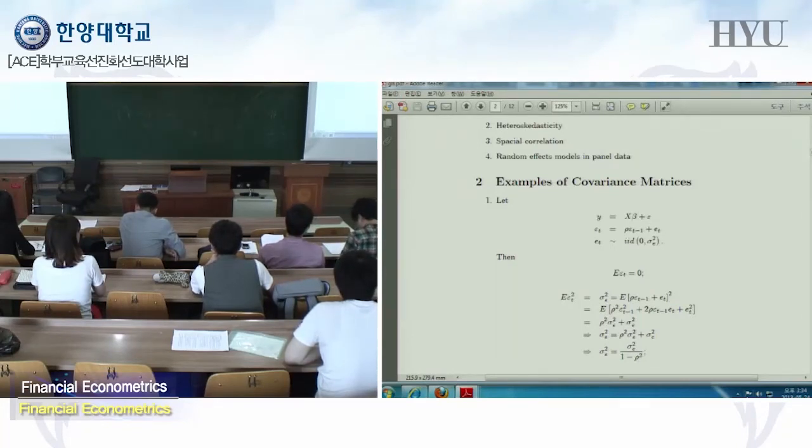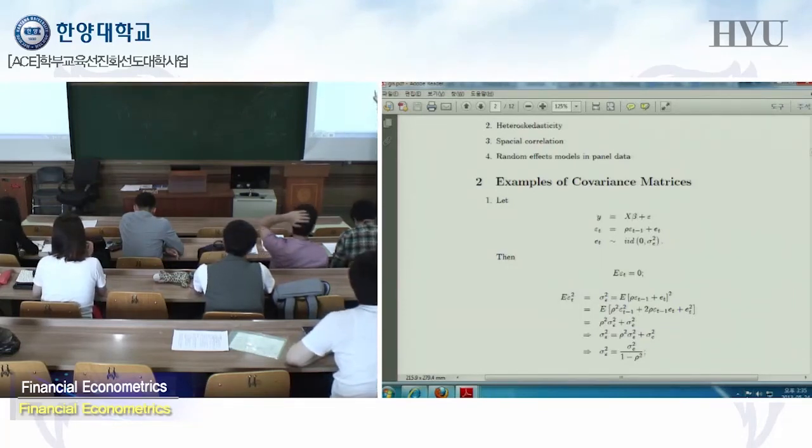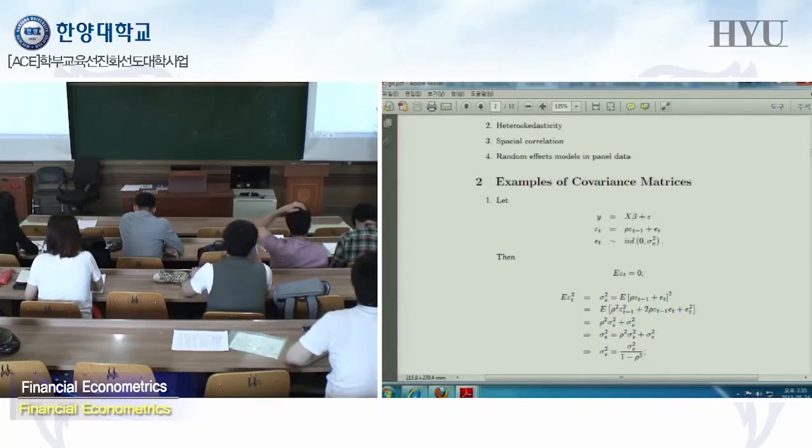First, the expectation of epsilon t is 0. Why? Because if we put expectation over here, we get the expectation of e t, and the expectation of epsilon t is the same as the expectation of epsilon t minus 1.